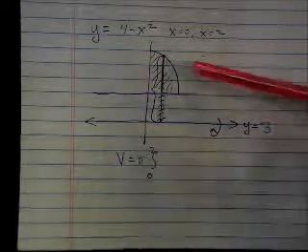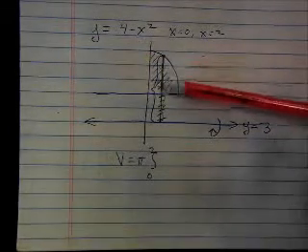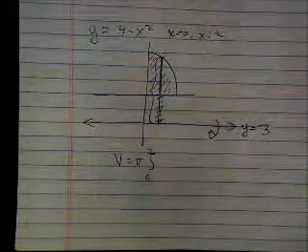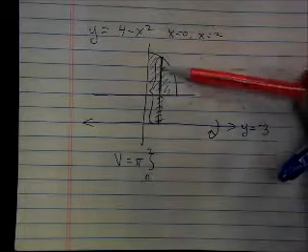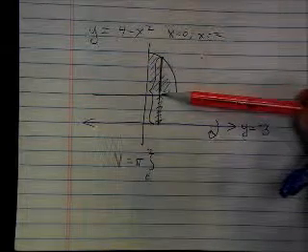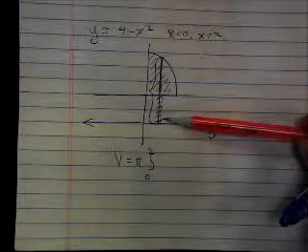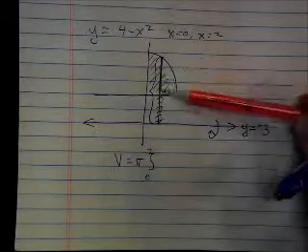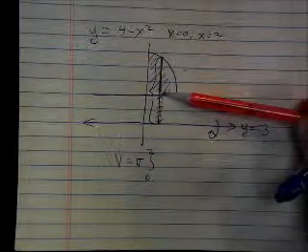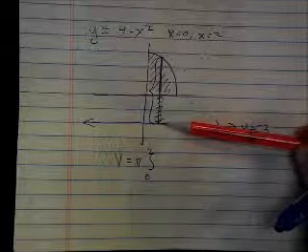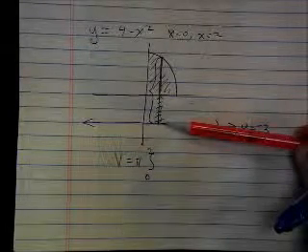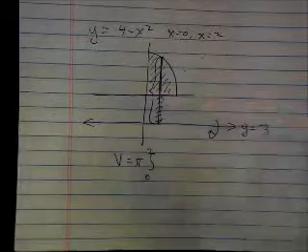How long is it from the top of that curve all the way down to where we're spinning? Well, this distance right here is 4 minus x squared, plus 3 more units. The height within the graph is 4 minus x squared, and then we need 3 more. So how much is 4 minus x squared plus 3? 7 minus x squared.